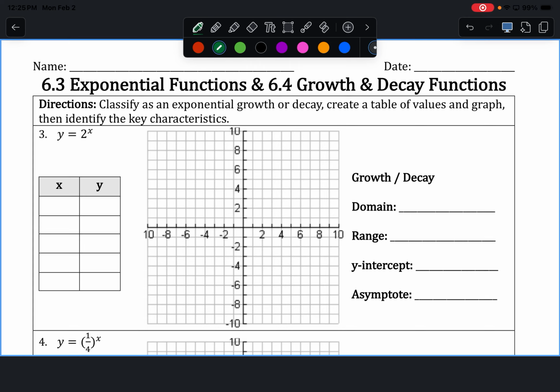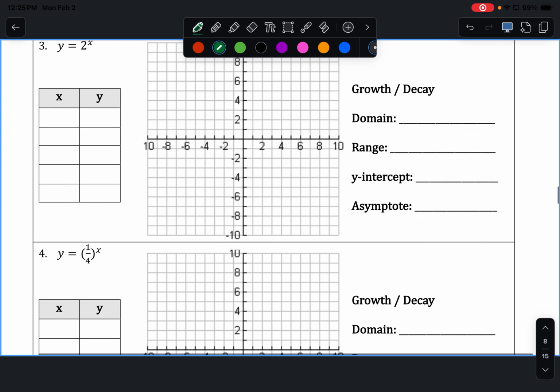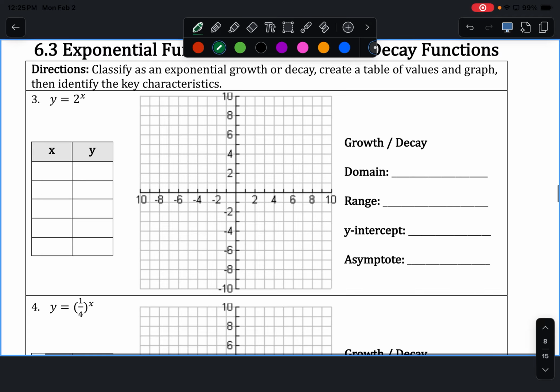So when we look at question 3, we have the function y is equal to 2 to the power of x. Before we even start one of these problems, we can decide if it's growth or decay and what our asymptote is going to be.